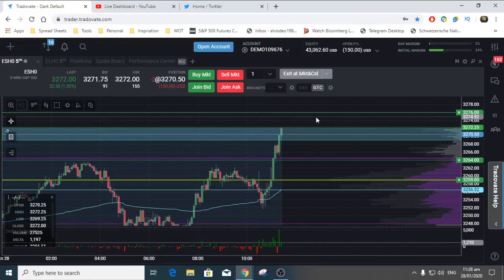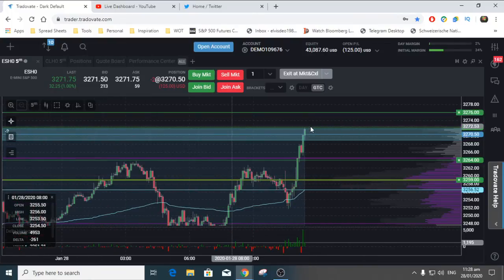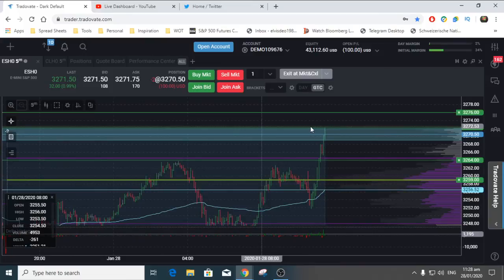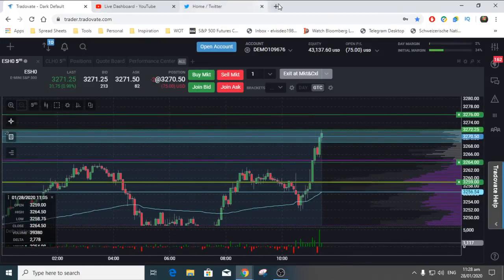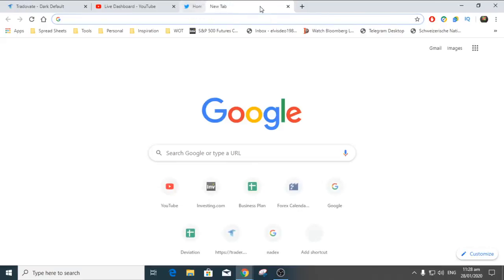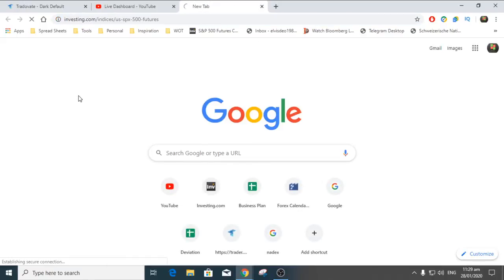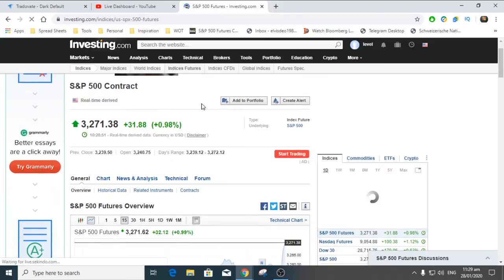Trying to see if we have any selling power here. Which is, let's see where it is. Close off this. I would have that on here. What was the open? I'll go to historical data.